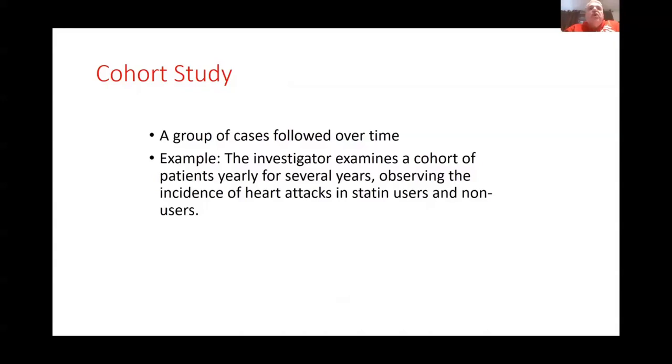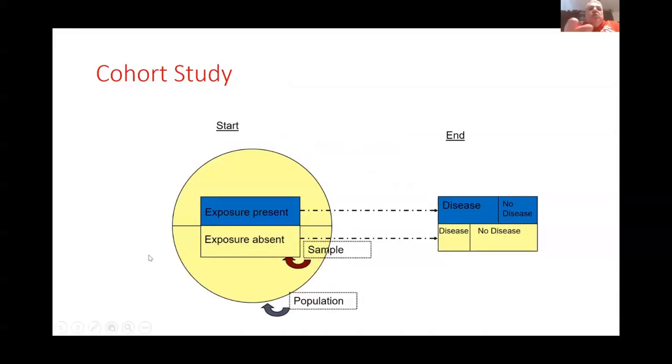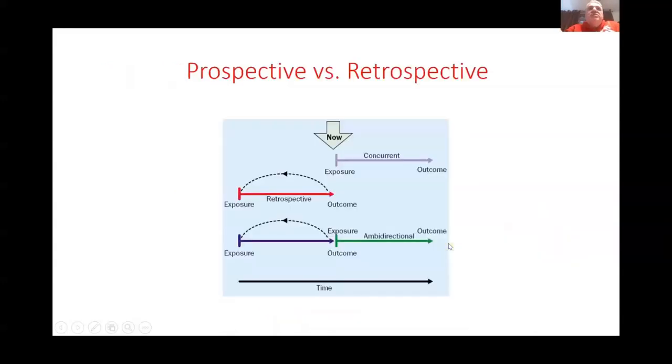The example: an investigator examining a cohort of patients yearly for several years, observing the incidence of heart attacks in statin users and non-users. So exposure could be present or absent, exposed or non-exposed, developing the disease, yes or no.